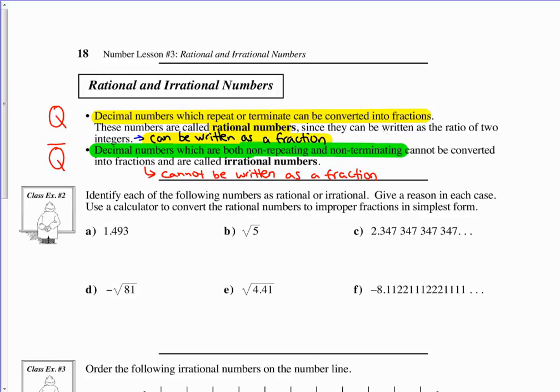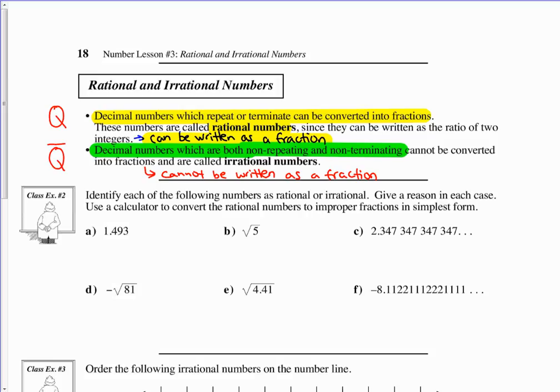Cannot be written as a fraction. So decimals that are non-repeating and non-terminating, it has to be both. Then it's going to be an irrational number.